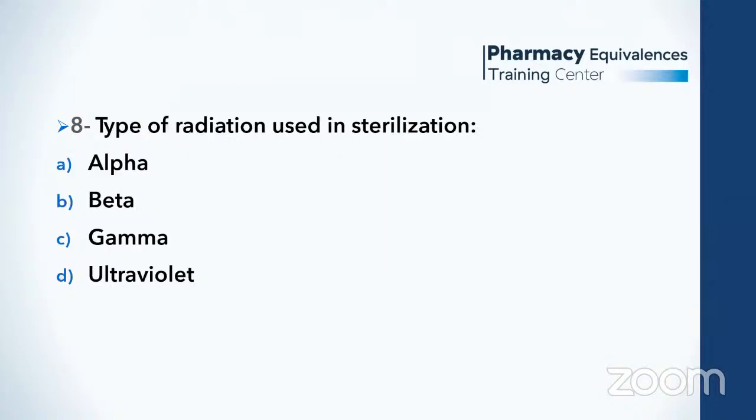The next question. The type of radiation used in sterilization, one of the very new questions also. In sterilization, which type of radiation do we use? Alpha, beta, gamma, or ultraviolet. Here, gamma radiation is the right answer.